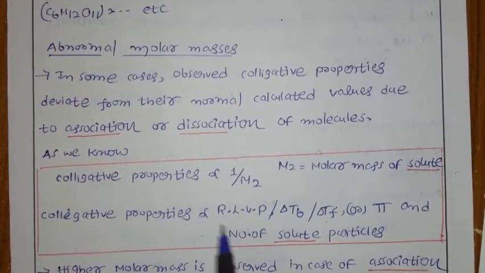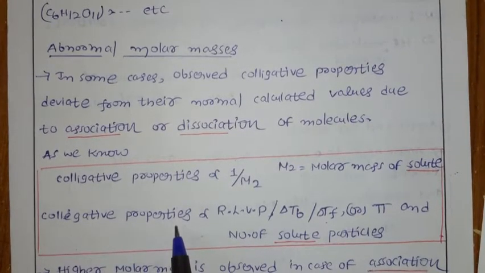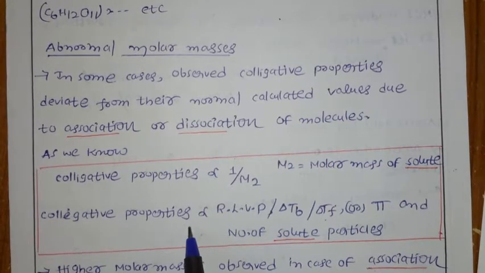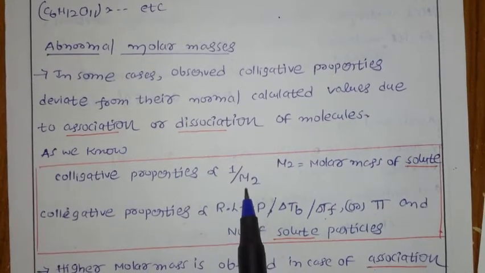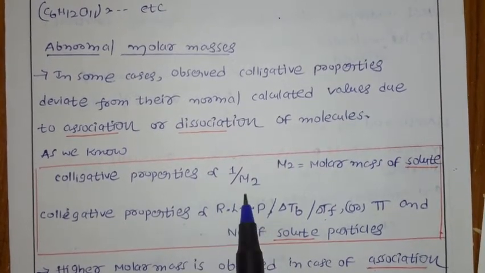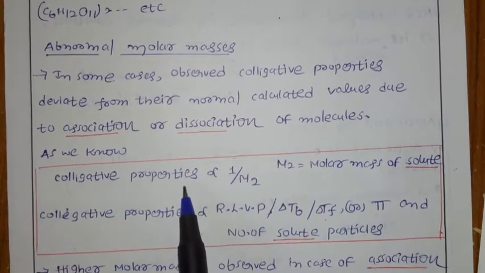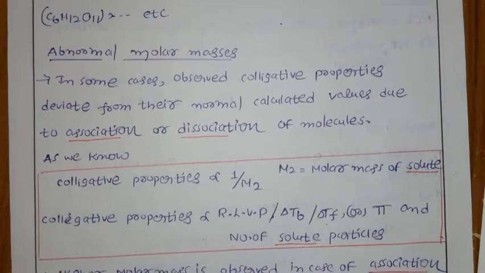So if the number of solute particles increases, colligative properties increase. But for molar mass we have an inverse relation: if molar mass increases, colligative properties decrease.